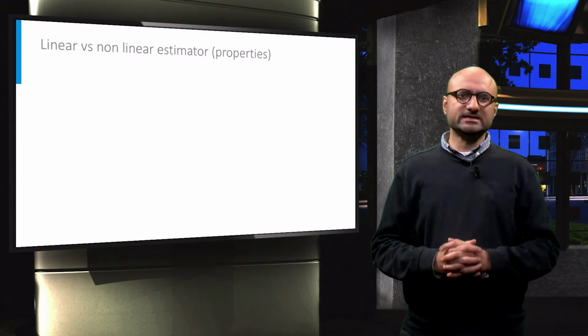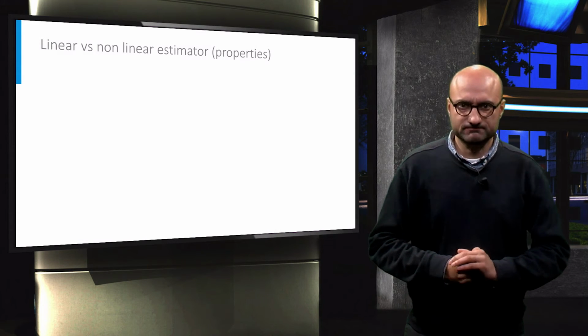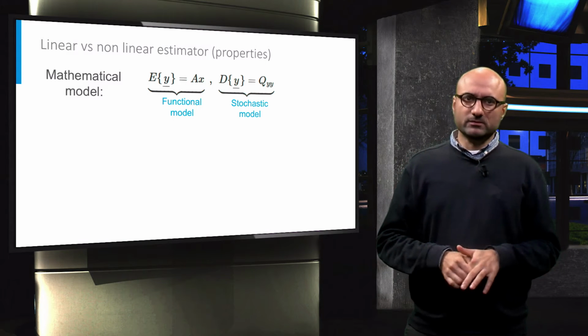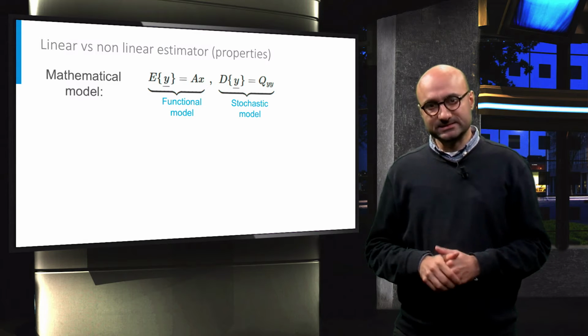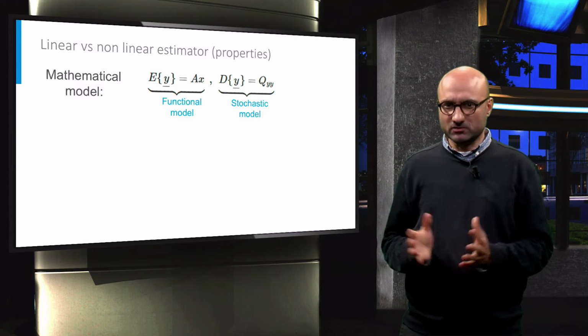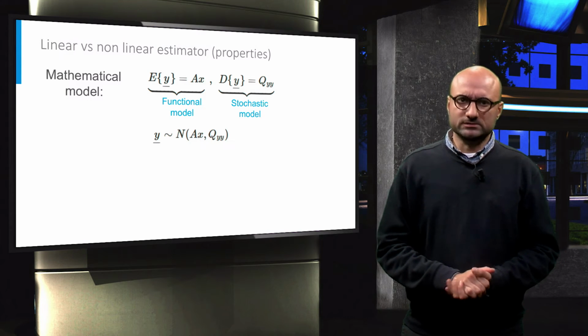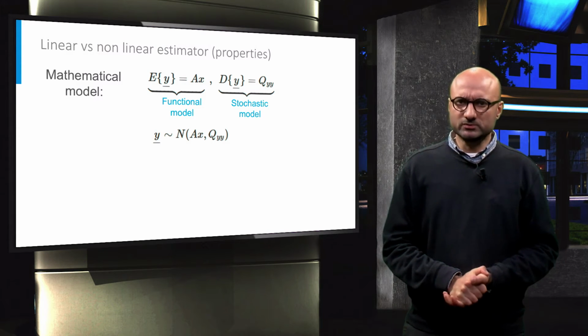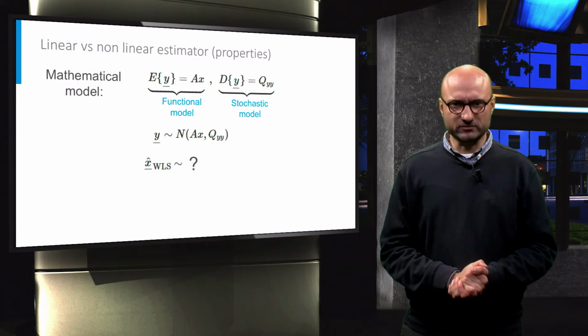Now, what can we say about the statistical properties of the linear estimators? In our mathematical model, with the functional model as the expectation of y equals Ax and the stochastic model as the dispersion of y equals Qyy, if we know that the observables are normally distributed, what can we say about the distribution of the least squares estimator x hat?